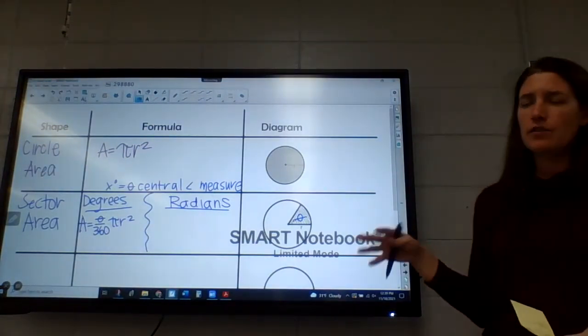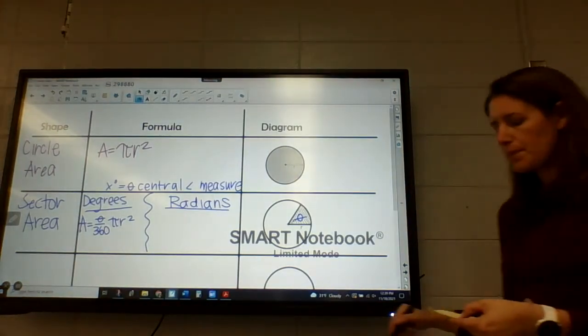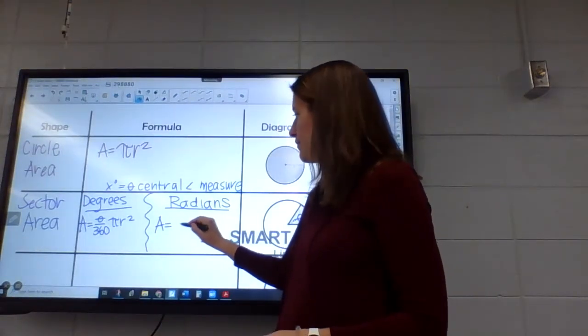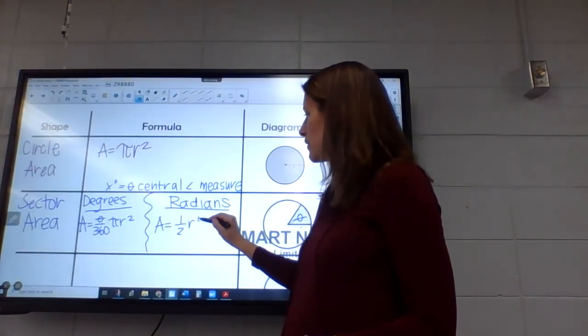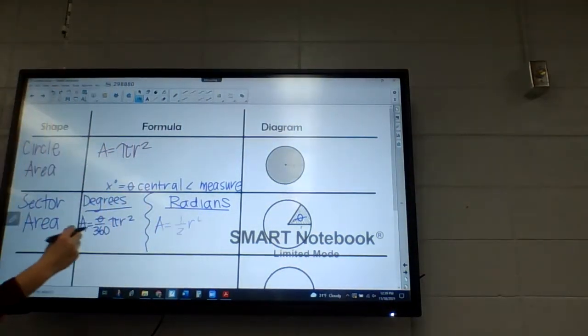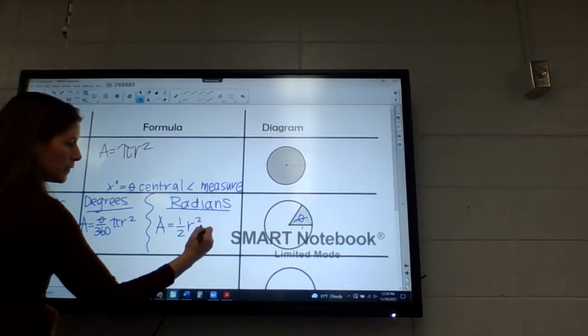Now radians, the formula is not as great for this one as it is for arc length. But this one, the sector area, is 1/2 r squared times our theta.